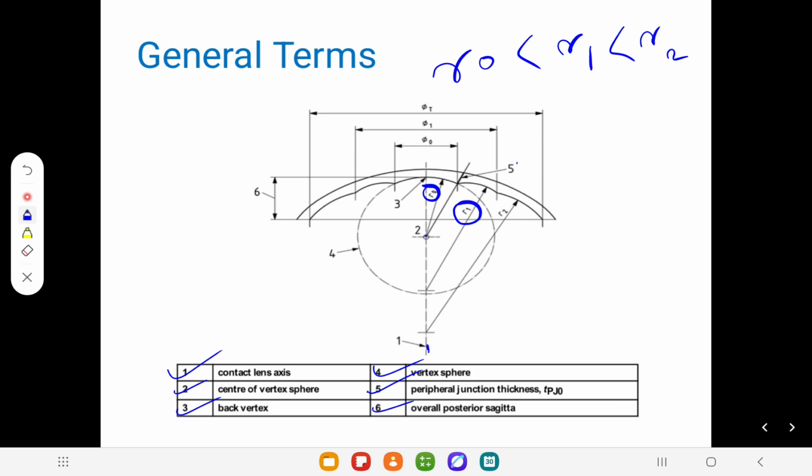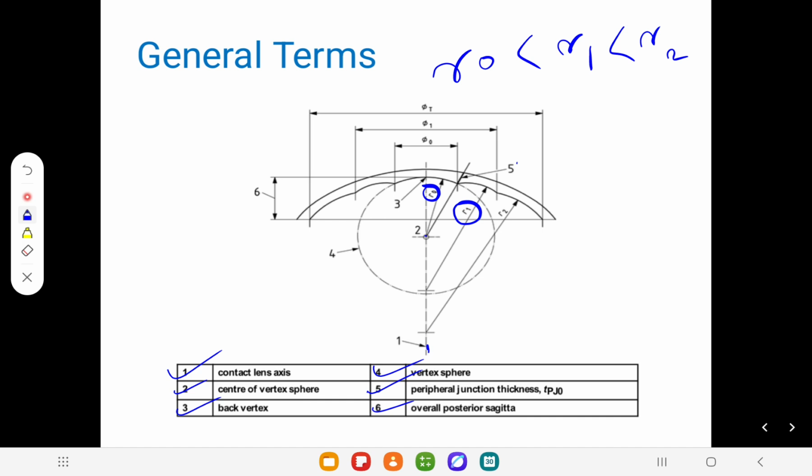So why is this the case? Because the cornea itself is prolate in shape: the cornea center is steeper, and the periphery is much flatter than the center. To make the contact lens fit the cornea, the contact lens must be steeper at the center and flatter as it goes to the periphery. It's always there.